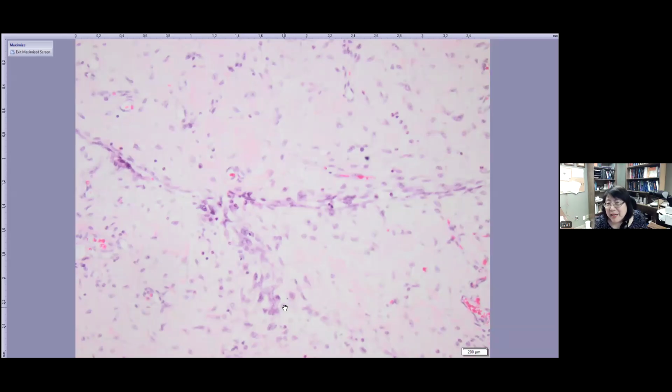It's the same family, but usually happening in children. They all have the same genetic change, same immuno profile. CD34 is strongly positive, and you have the same COL1A1 and PDGFB fusion. Same gene, so it's the same family.